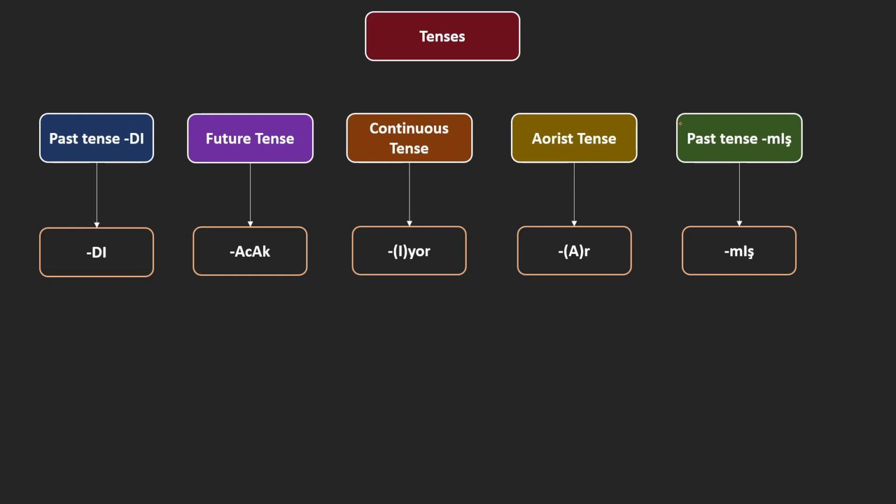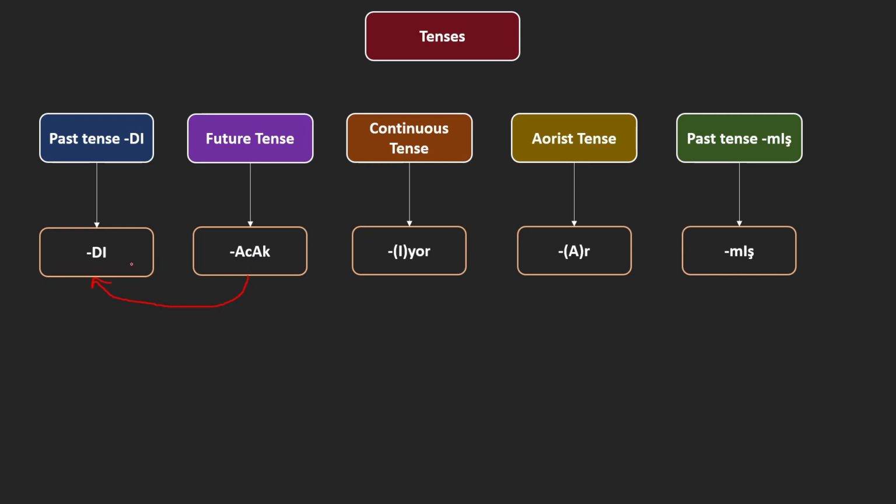So these are basic ones, the 5 basic tenses. Advanced tenses are formed by combining these ones. So by combining, for example, today we will talk about this, acak and dı. We will combine these two. We will put acak on dı.